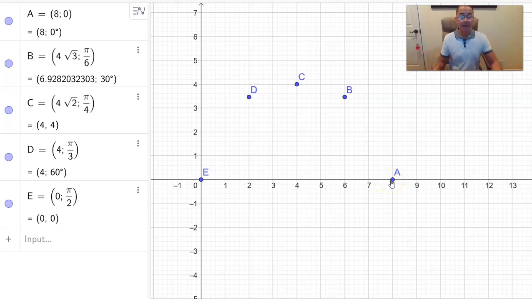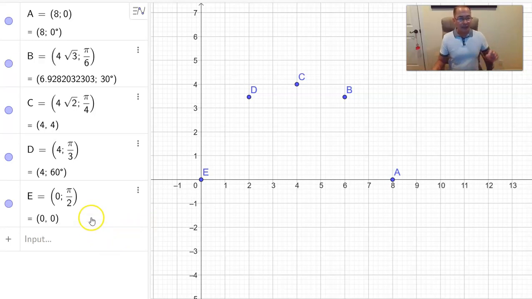If you're plotting these by hand, here are the first 5 points. It looks like we're going from A to B to C to D to E. If you're using a pencil or a pen, you'll just mark those off. Of course, we're going to cheat a little bit and ask GeoGebra to graph this for us.